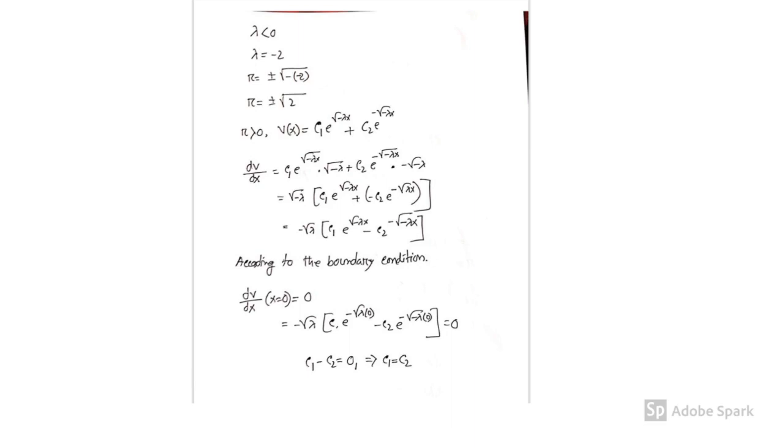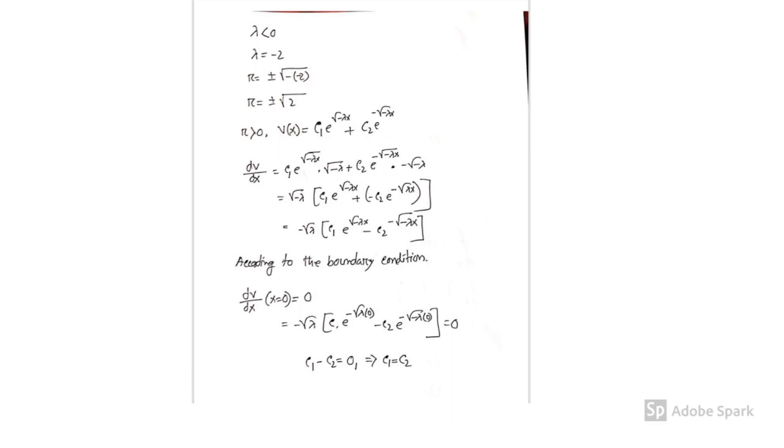Okay, so if lambda is less than 0, then lambda equals minus mu squared. So r equals plus minus root over minus lambda, so r equals plus minus mu. So r is greater than 0.